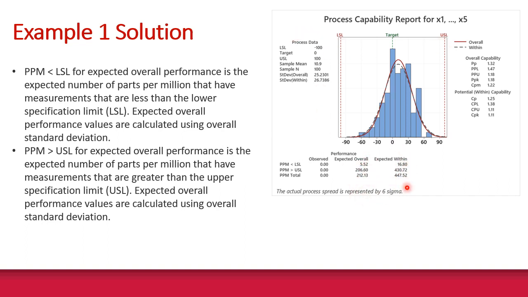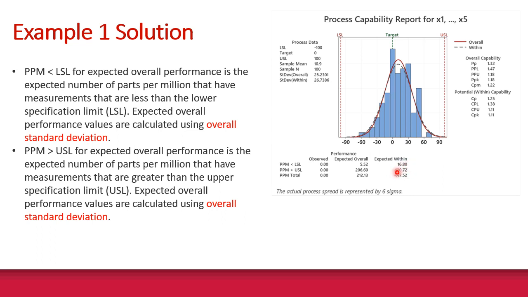Now the last column here is the within. So this is comparing within subgroups. So like on the first hour we select 6 tires. What are the odds, looking at the deviation within that subgroup.